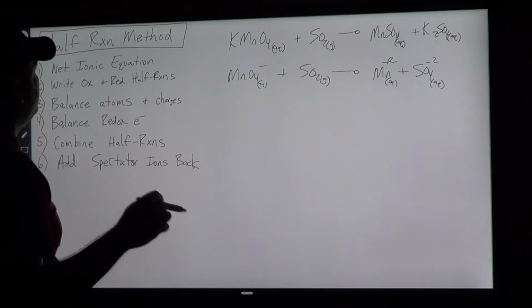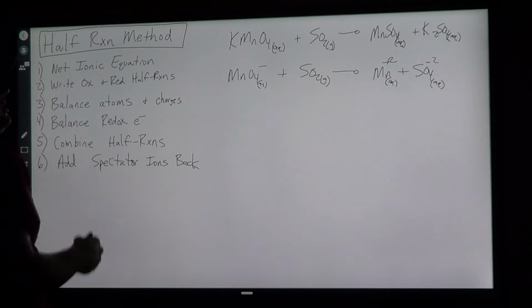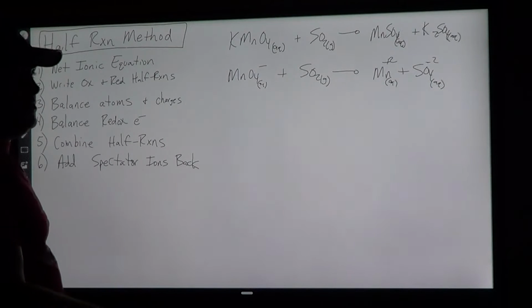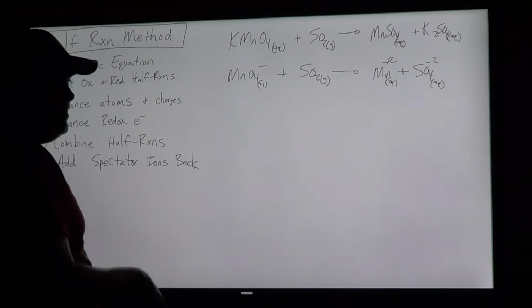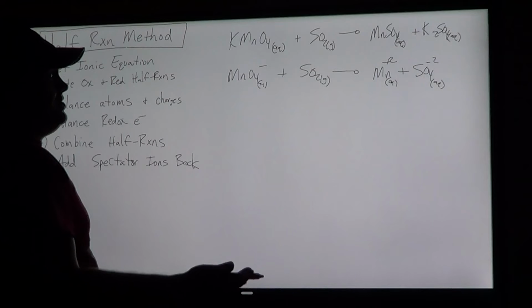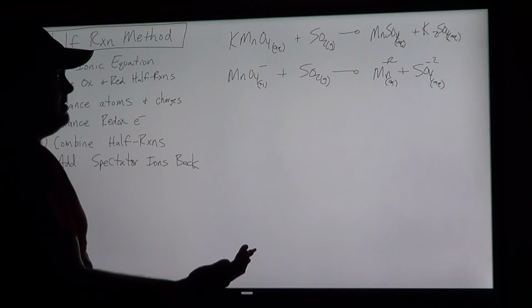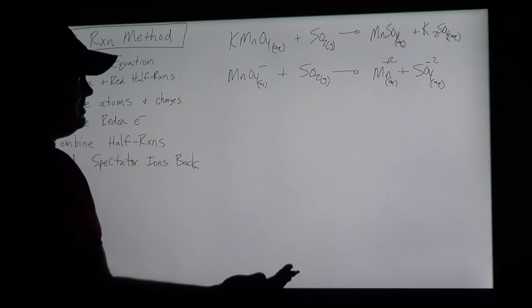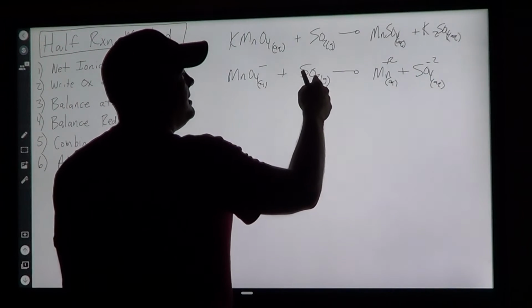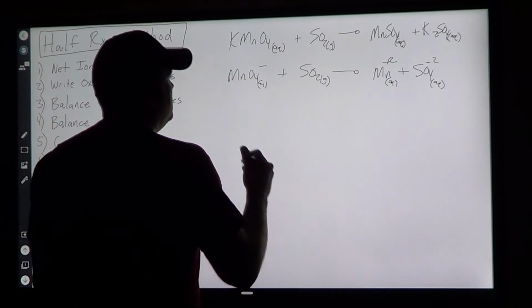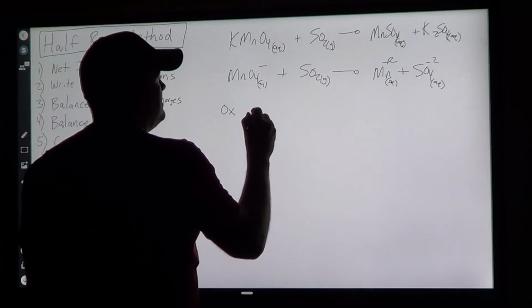Okay? Step two, write an oxidation and reduction half reaction. This is easier to do if you remember the other definition of oxidation or reduction. So oxidation is a loss of electrons or a gaining of oxygens. So if you look at this SO2, it's going up to SO4. So it is being oxidized.